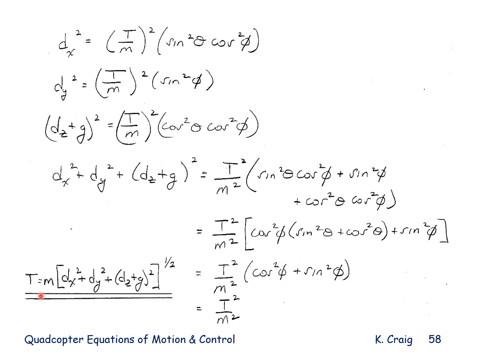So T, the thrust, is equal to m times the square root of the quantity d_x squared plus d_y squared plus the quantity d_z plus g squared. That sum with the square root taken is equal to the thrust T.